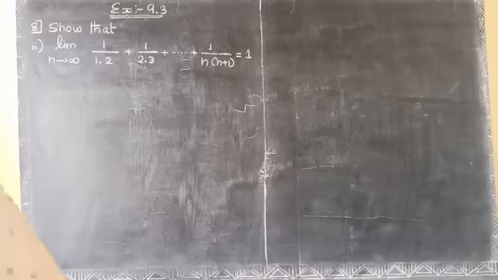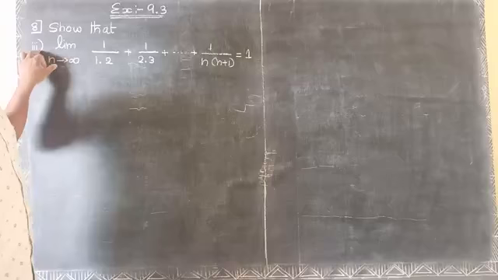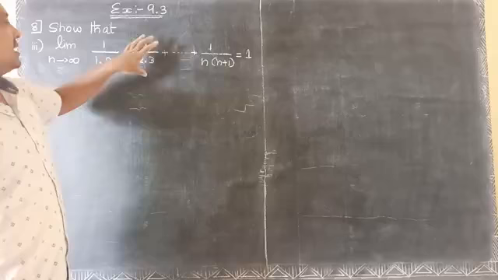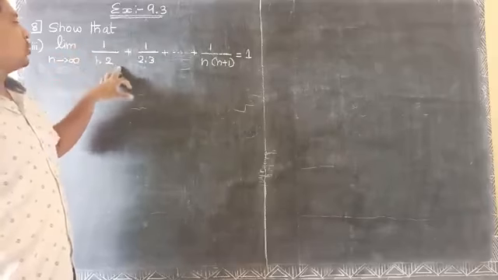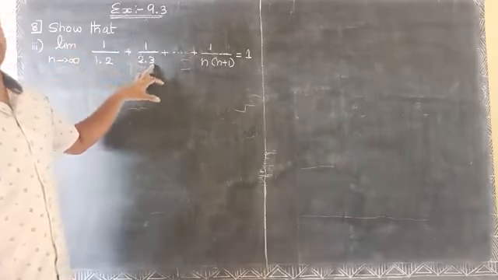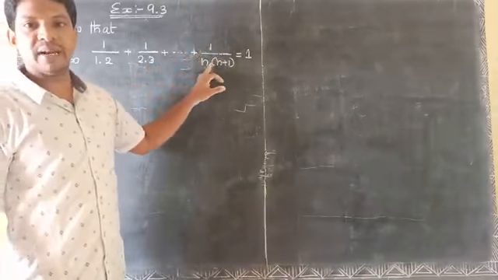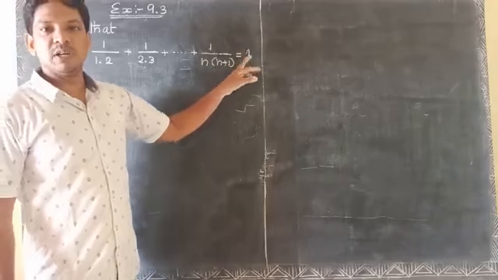Question number 8. Show that, third subdivision, the limit as n approaches infinity of the given series 1 divided by 1 into 2 plus 1 divided by 2 into 3 plus and so on plus 1 divided by n into n plus 1 is equal to 1.